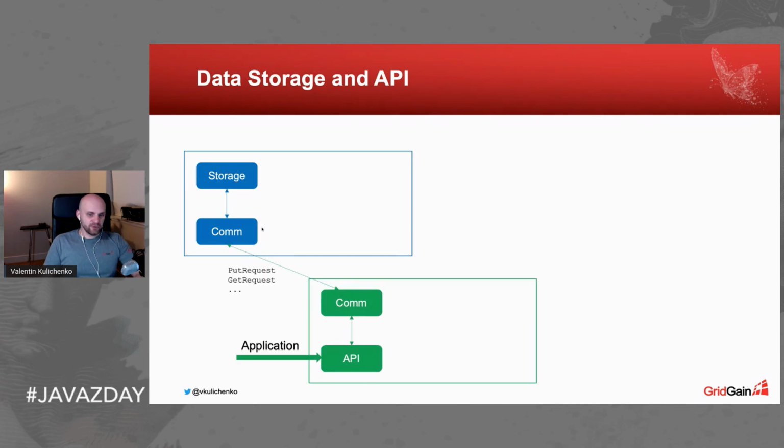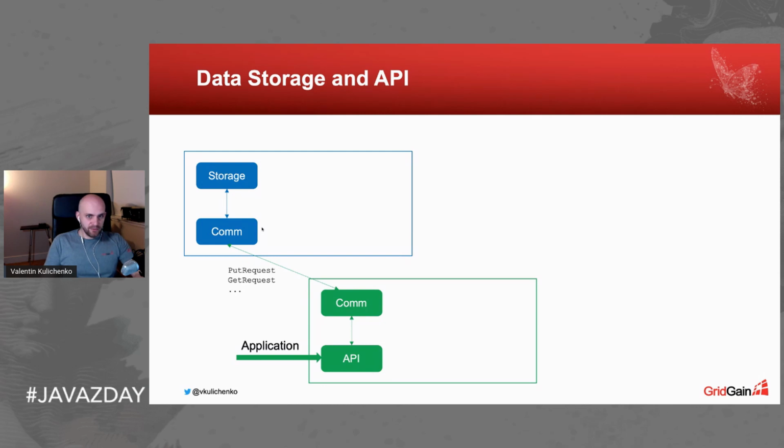And the same will happen on the client side, right? So this green box is my client, which will be embedded into a certain application. The client has, of course, the same communication layer, which implements the same communication protocol, so that it knows how to communicate with the server, how to send a put request or a get request or anything else.